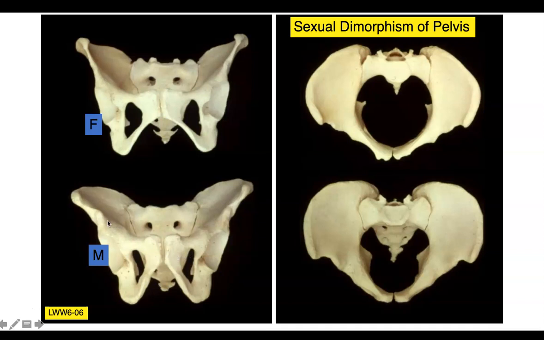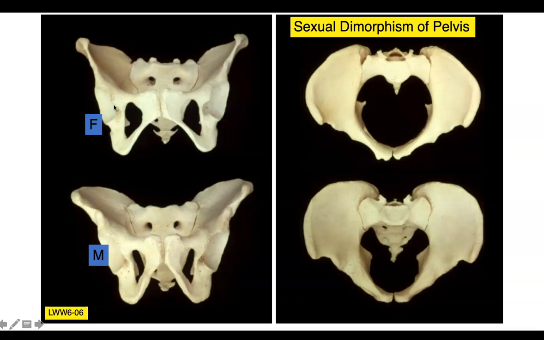You can see here, the male pelvis as a whole is stronger, because the lower limb muscles which attach to these hip bones are stronger than in the female. So the male pelvis is much stronger, heavier, narrower and longer.